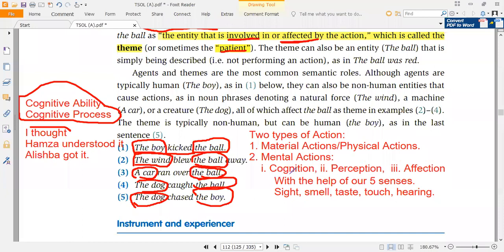When we talk about these five senses, perception, they involve our input devices, the human input devices. We insert images into our hard disk, which is our mind, with the help of our sight, images and video.